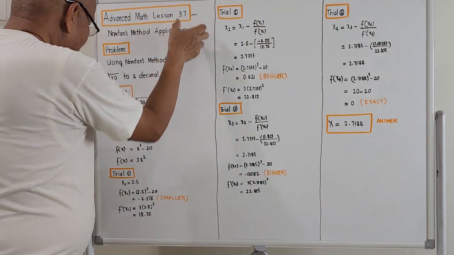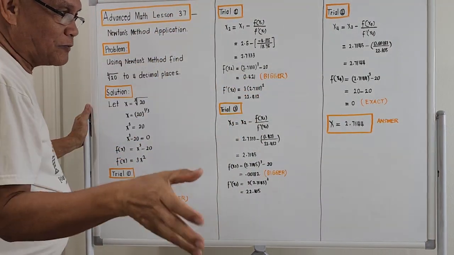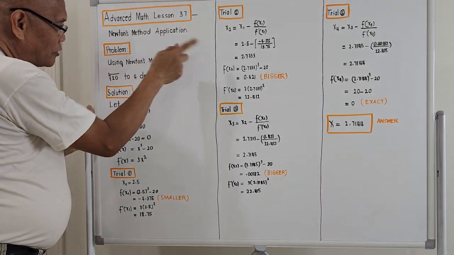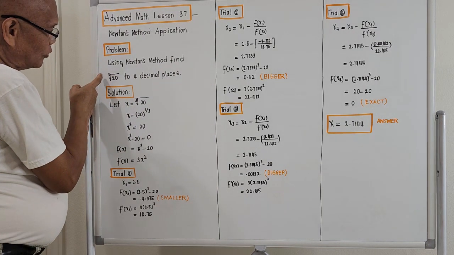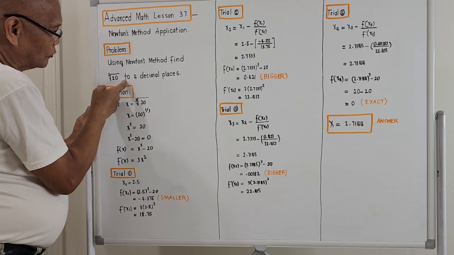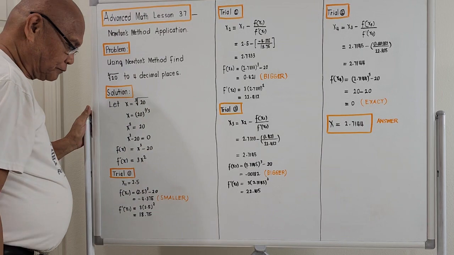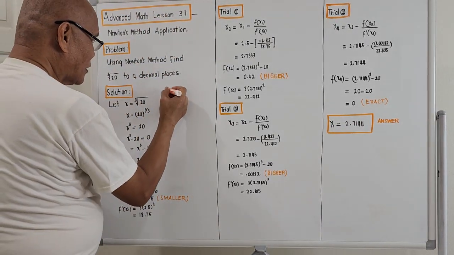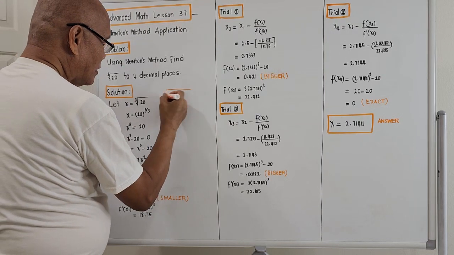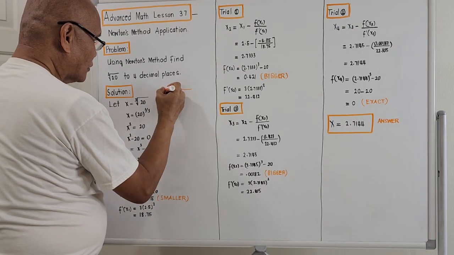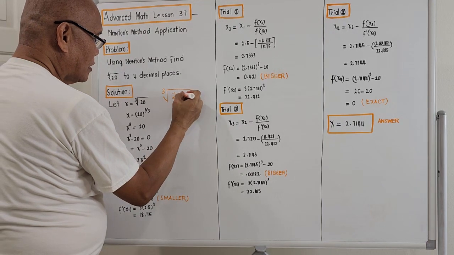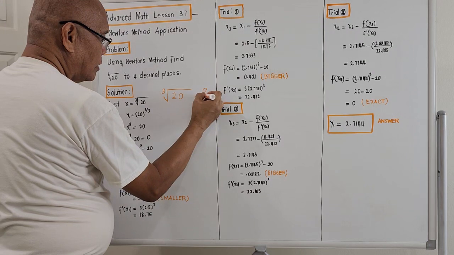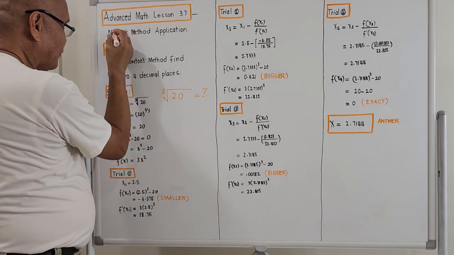Lesson number 37. I will read the problem. Using Newton's method of approximation, find the cube root of 20 to 4 decimal places. The problem is asking for the cube root of 20 equal to, using Newton's method.